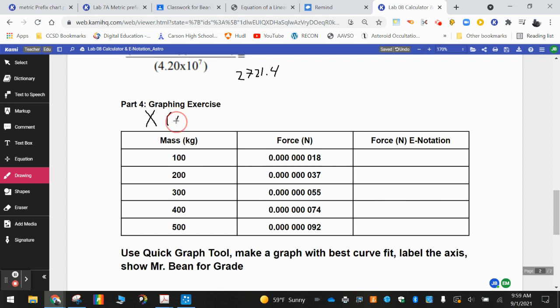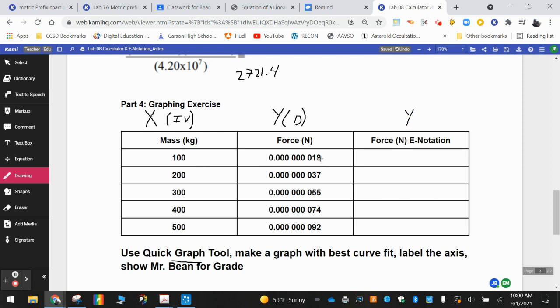So this is going to be the X column, the independent variable. Now this is force. This is going to be the Y, the dependent variable. So in this experiment, somebody changed the mass and we got forces. However, to use quick graph tool, we have to use the E notation.